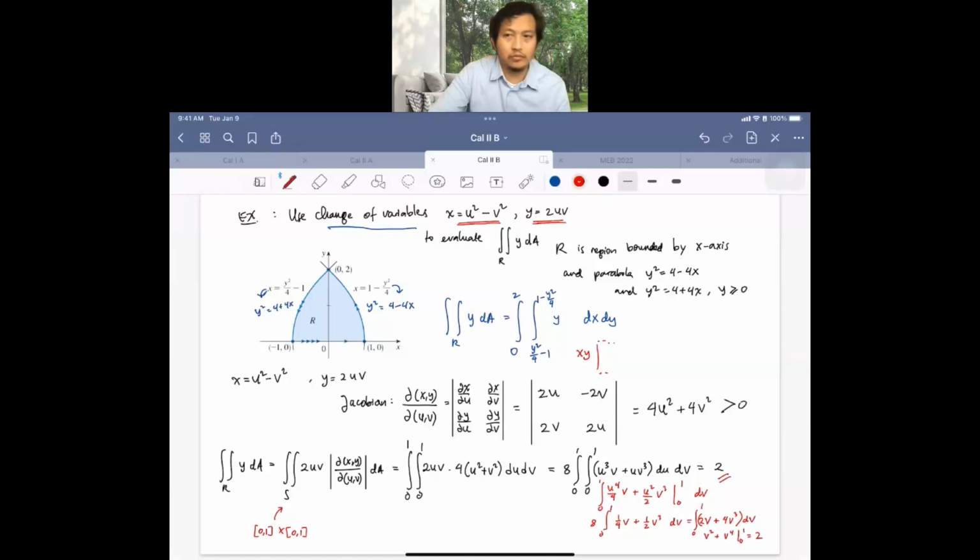Okay, I think I will stop here, and we still have another example, and the triple integrals, the change of variables in triple integrals, and more exercise and practice for Thursday. And we finish with actually the fundamentals.